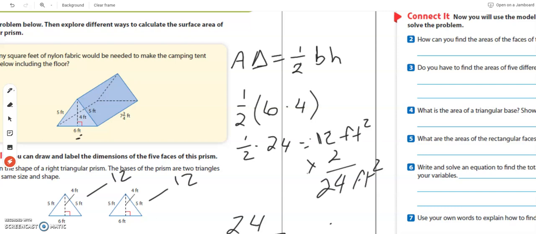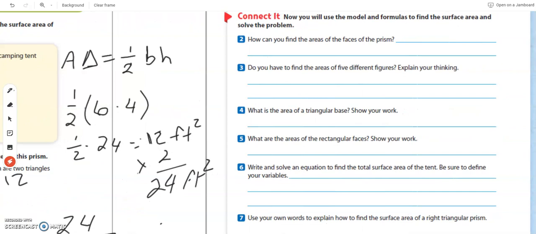So we only have to find one of the bases because they're duplicates. These two sides are the same, so we only have to figure out the one side and then the bottom. So no, we don't have to find 5 different figures. We only have to find the area of 3 and then multiply a couple of them by 2.